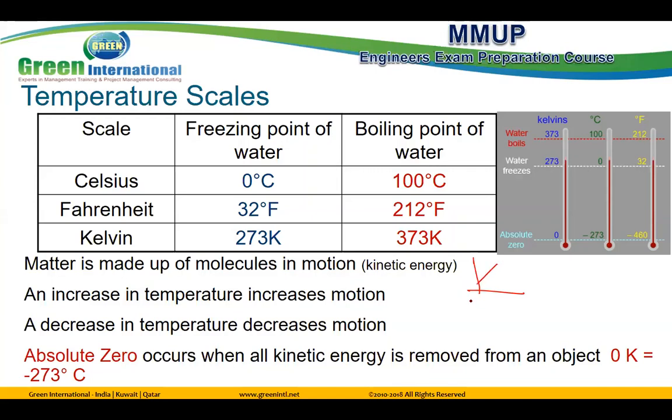So scientists needed to revise this to start from the origin. For Celsius, they revised it to start from here, and this measure as a new scale is called Kelvin. This distance is 273, so the conversion between Celsius and Kelvin is 273. The equivalent for Fahrenheit is Rankine.